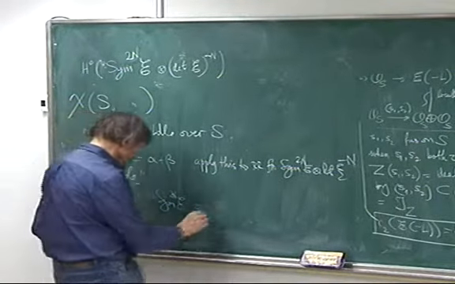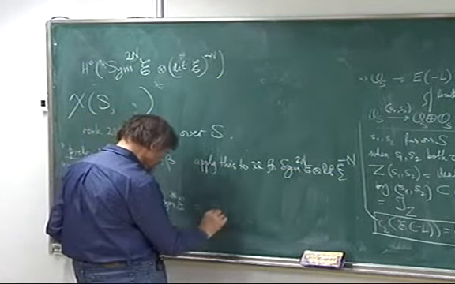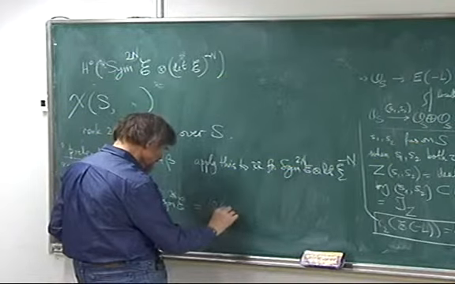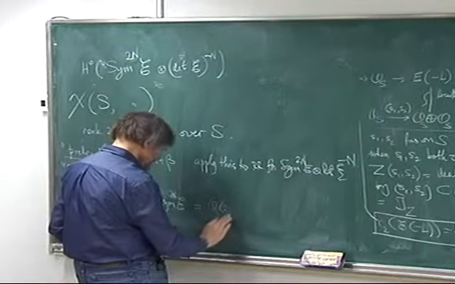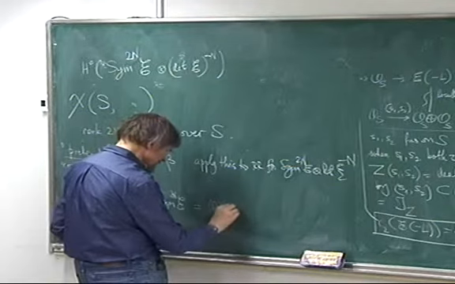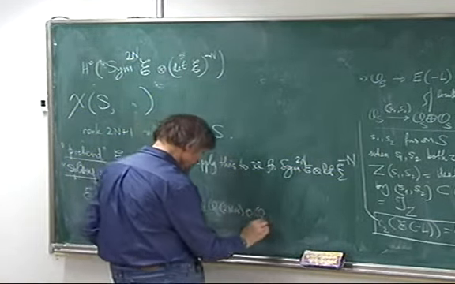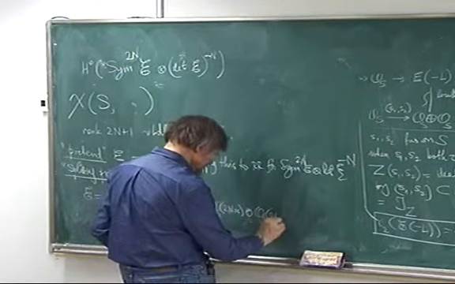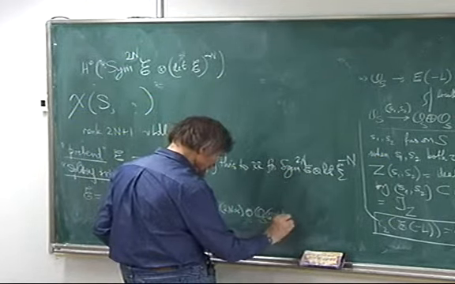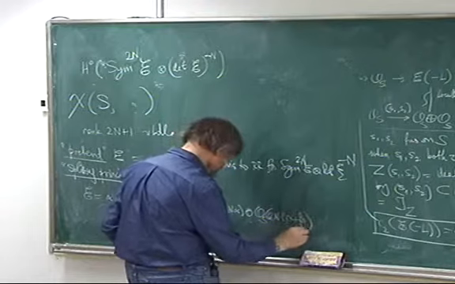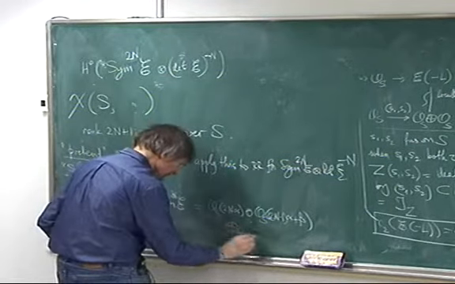It's better to say this is OS of 2n alpha plus OS of 2n minus 1 alpha plus beta plus, I think you get the idea.